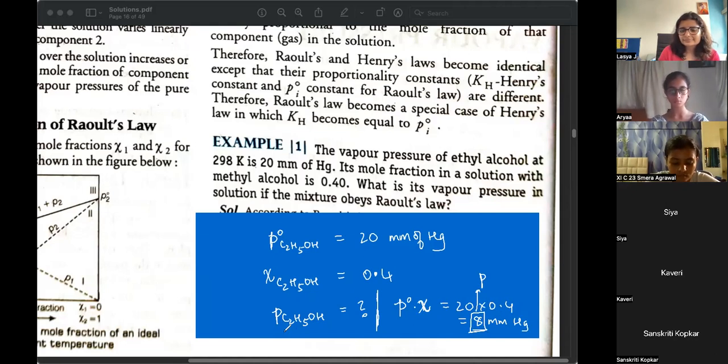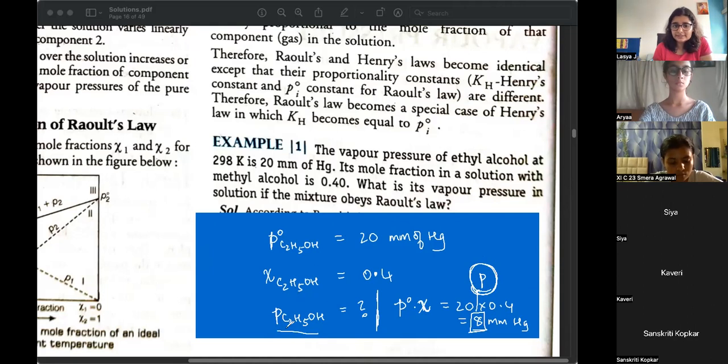You know the formula, but you haven't understood what it stands for. Raoult's law states that the vapor pressure in the solution of each component, which is your P1, in this case PC2H5OH, because we know which is component 1 and component 2, is equal to the mole fraction multiplied by its P naught, the vapor pressure if it were a pure component.